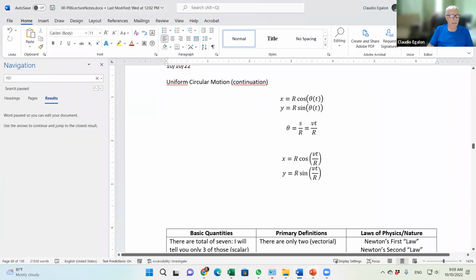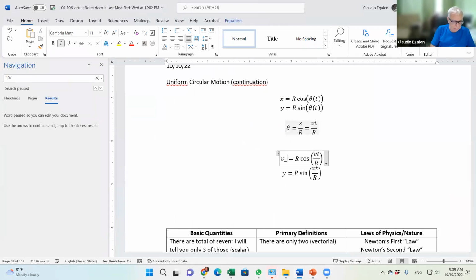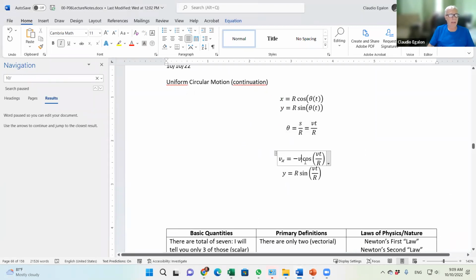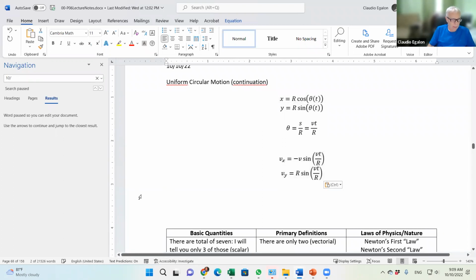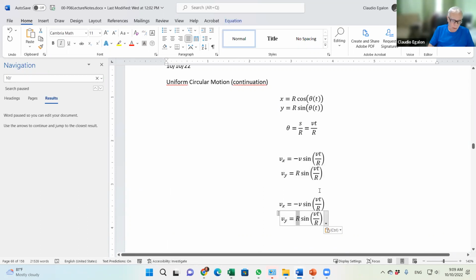So let's go ahead and write it. V sub x is going to be minus V sine of theta, but we already know that theta is Vt over R. And the y component of the velocity, I want to emphasize that's a plus sign here.